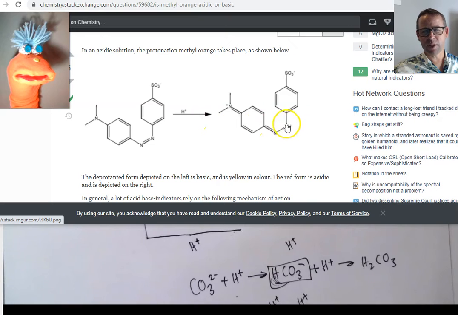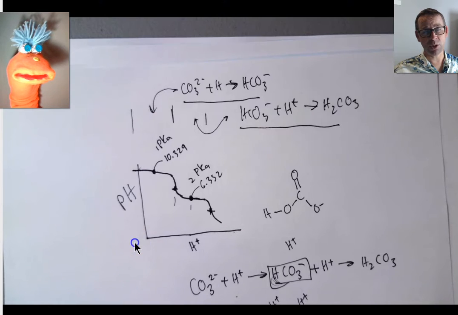Now, the pKa for this corresponds, and that's why we chose it, with the pH change of about transitioning from 5 to about 3.